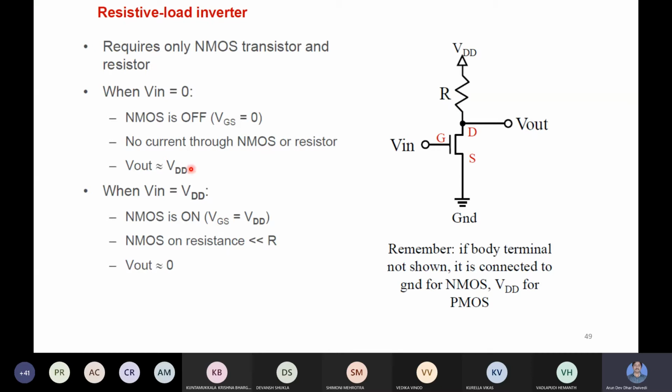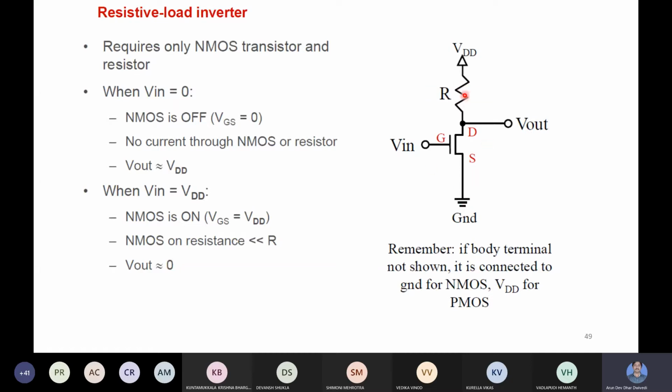When the input is low, the output is high, and similarly, when the input is VDD, this transistor becomes on, this one is connected to ground, and in this way V out becomes 0. So simply, an NMOS transistor can also work as an inverter.